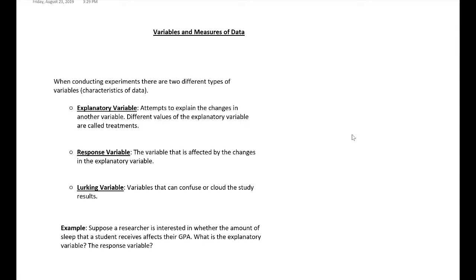Well, there's also potentially, when it comes to these experiments, something called a lurking variable. These are variables that can confuse your results or cloud the study results. For instance, a classic example is, let's say we own a coffee shop, and we redecorated the interior of the coffee shop. All of a sudden we notice that we got a lot more business.